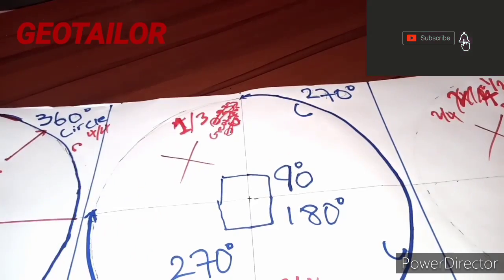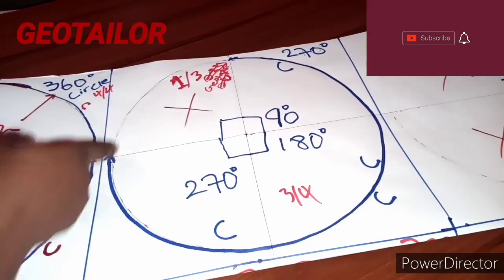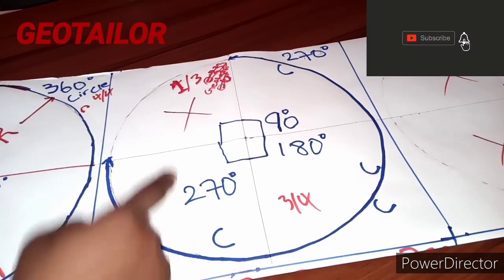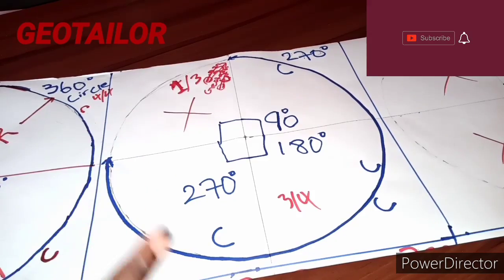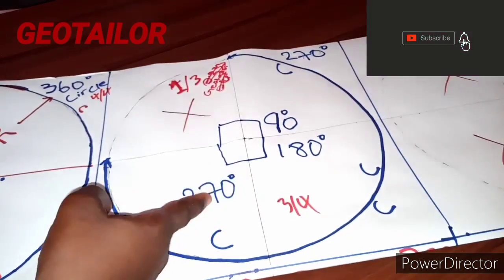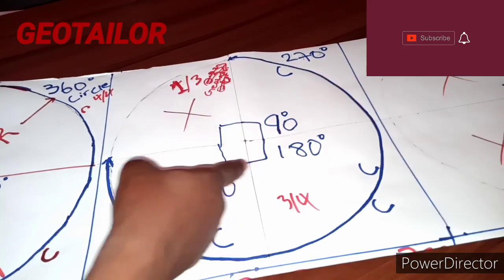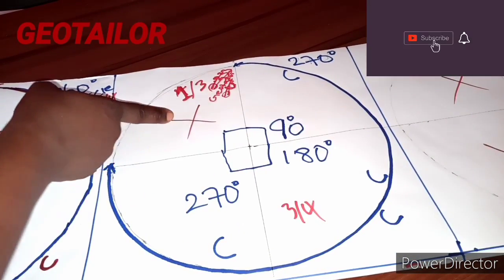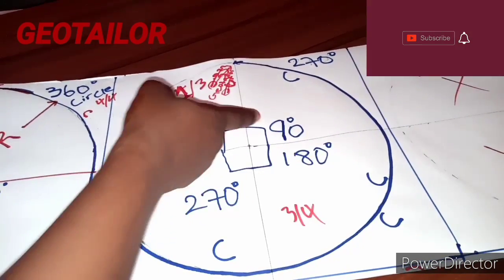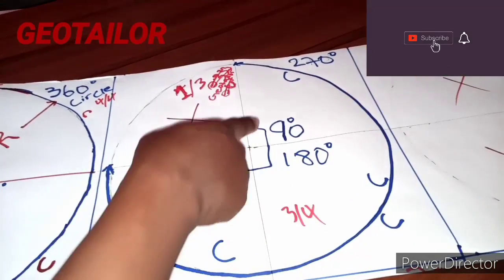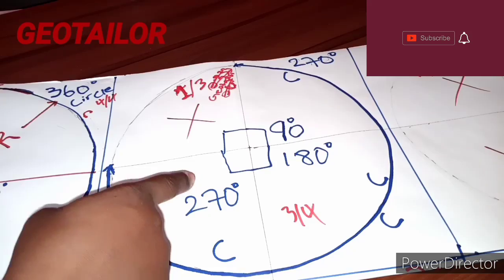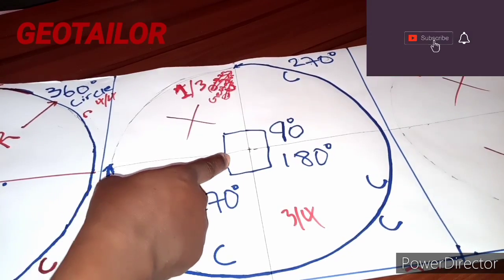270-degree circle. From here around to here is 360 degrees, but this circle is 270 because it only covers 3 quadrants, 1, 2, 3. From here to here, this 4th quadrant is not included. It only covers 3 quadrants, and it covers a 270-degree angle.